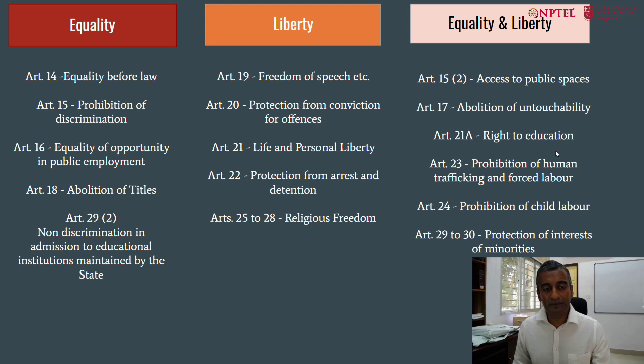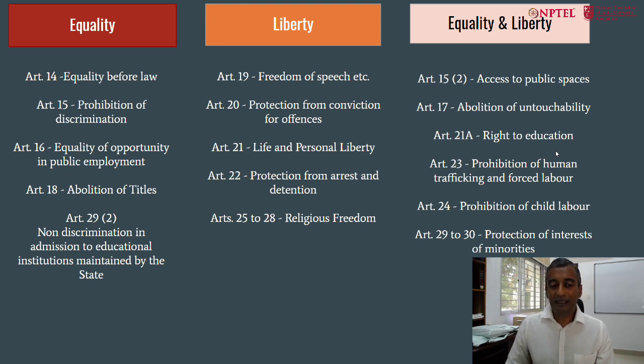Article 15 puts in place a prohibition against discrimination, so that there can be no discrimination on the basis of race, caste, sex, and other grounds. Article 16 assures us equality of opportunity in public employment, an essential requirement for a society where all may seek to participate in the structures of government.